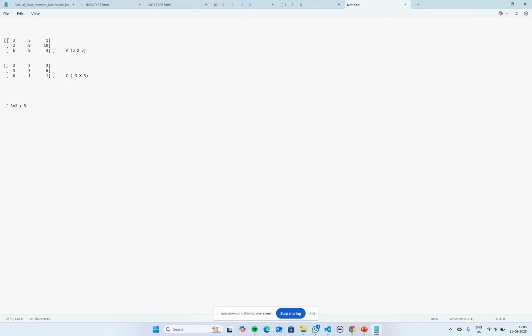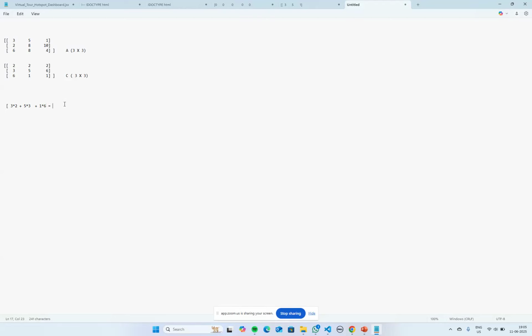Then we take this first row and multiply with the column. Then we have one more value, 1 into 6.